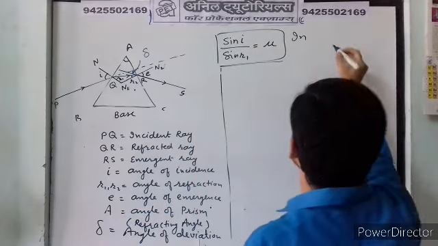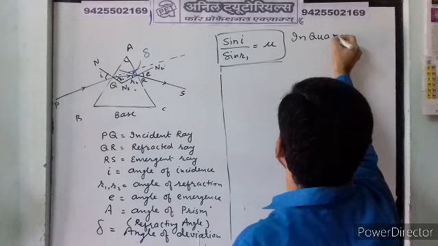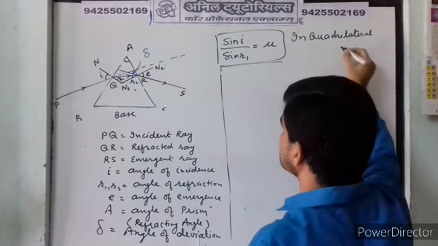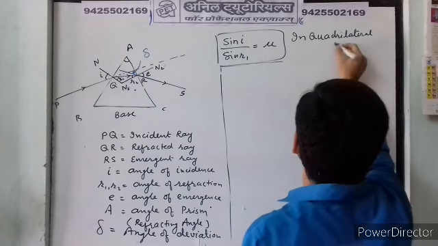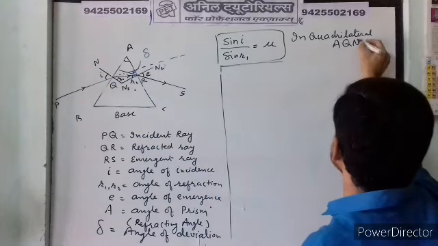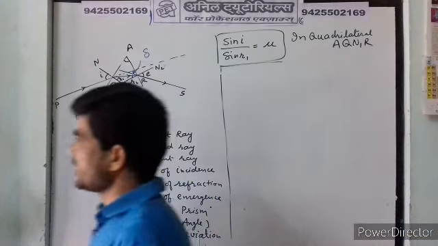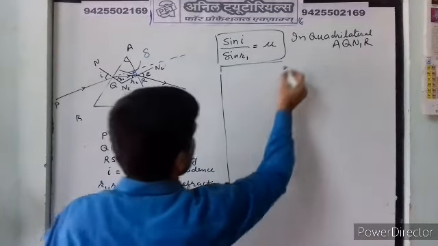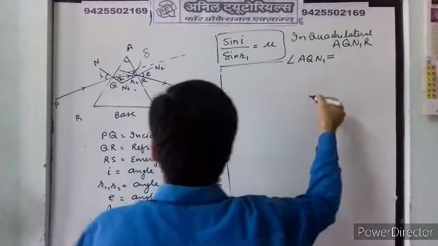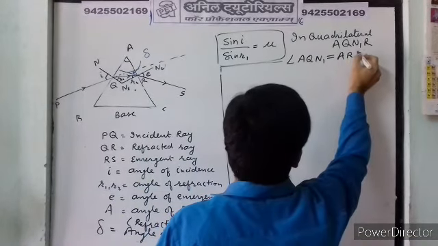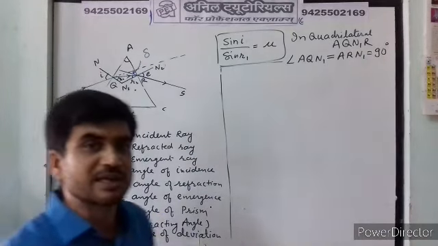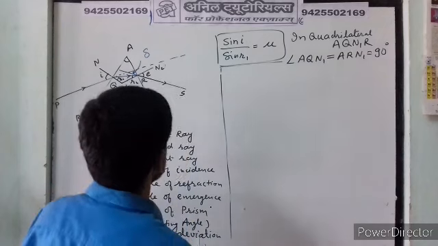In this quadrilateral AQN1R, just see, angle AQN1 is equal to angle ARN1, and that is a right angle. Both the angles are right angles because it is normal.